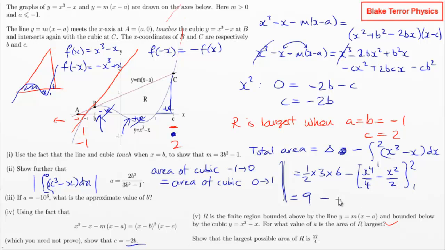And then we have to take off all of this. So that is going to be 2 to the 4 divided by 4, so that's 4, and then take away 2. Then we've got to take away a quarter and then add a half. So that is going to be 2 plus a quarter. So 9 minus 2 1/4 is 6 3/4, which is 27 over 4.